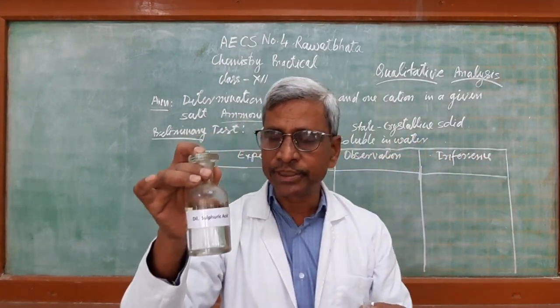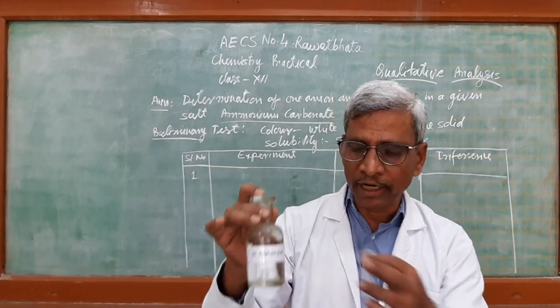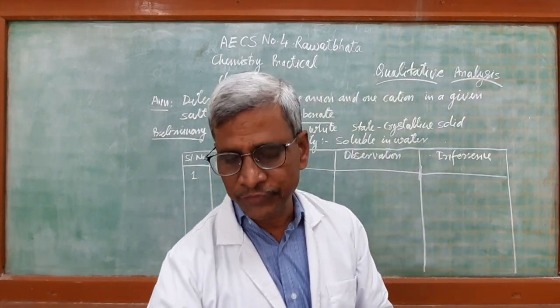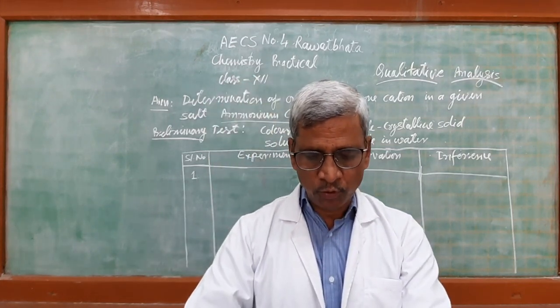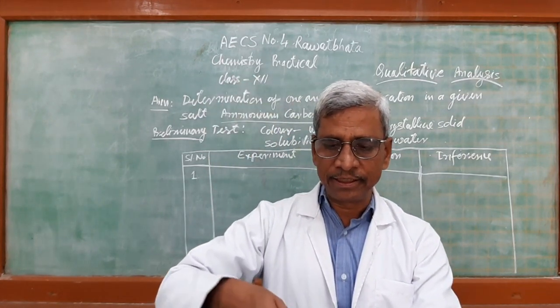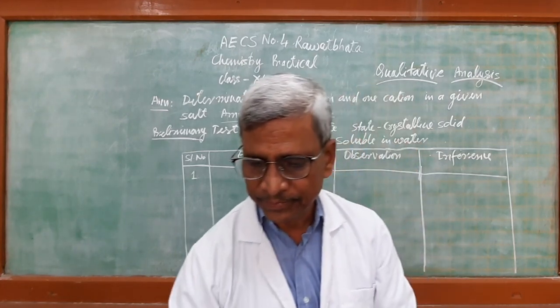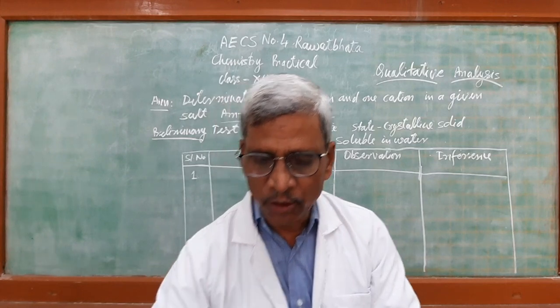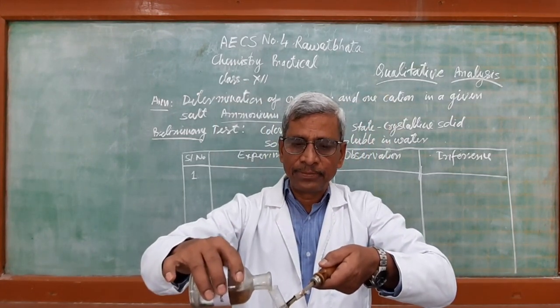This is the dilute sulfuric acid. We are analyzing the group of anion first. We have to hold the test tube in the test tube holder; that is a necessity of the chemistry lab. Add dilute sulfuric acid to this. Be careful, keep it away.